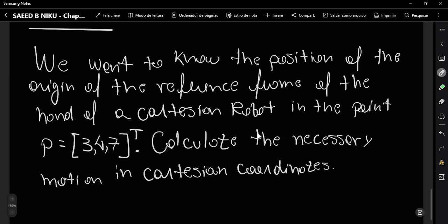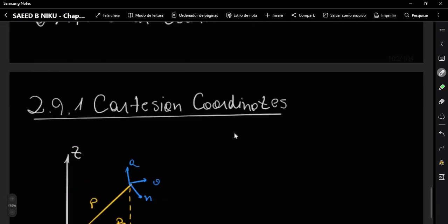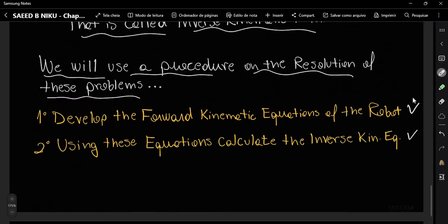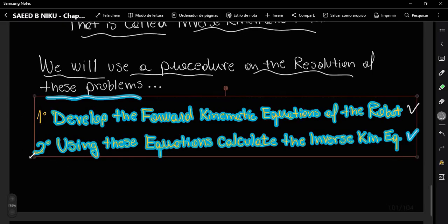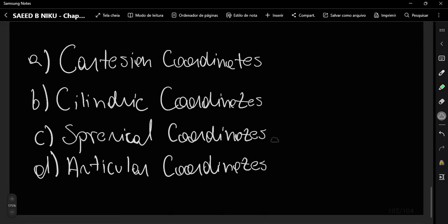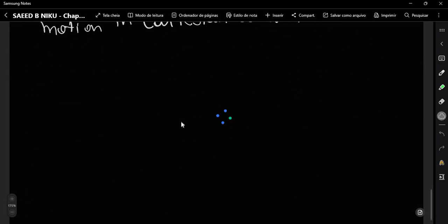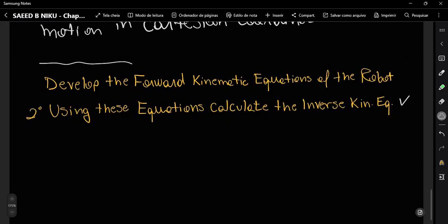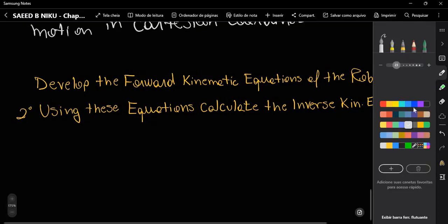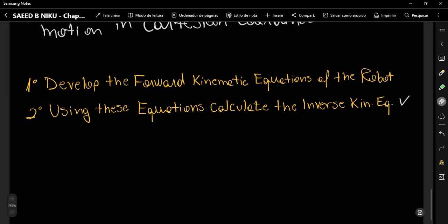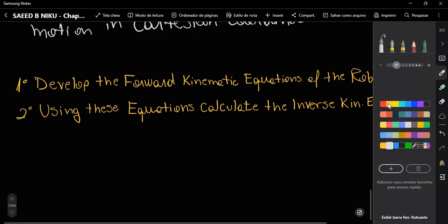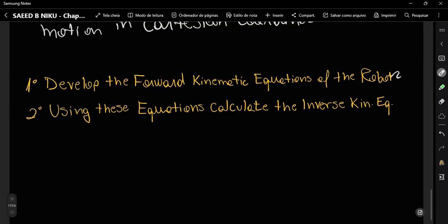So first, taking this procedure, the first thing to do is to develop the forward kinematic equation, which means that we need to write transformations, and this we already have learned how to do it.